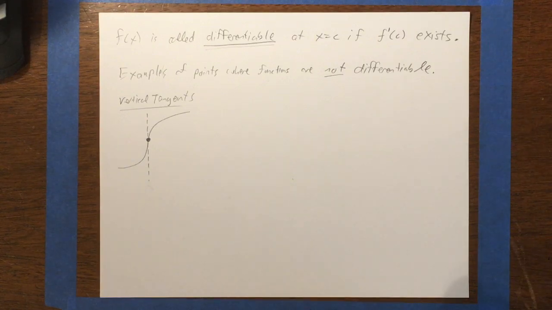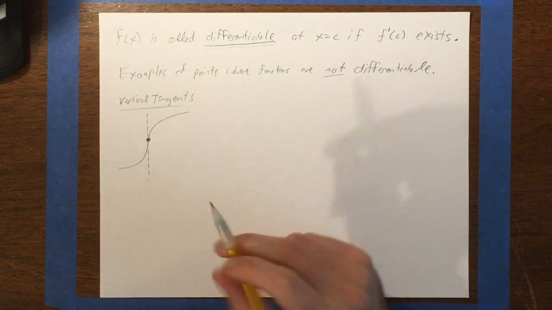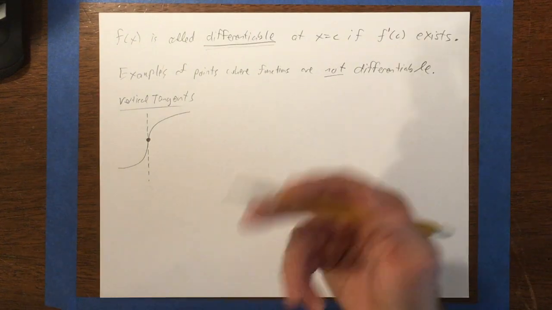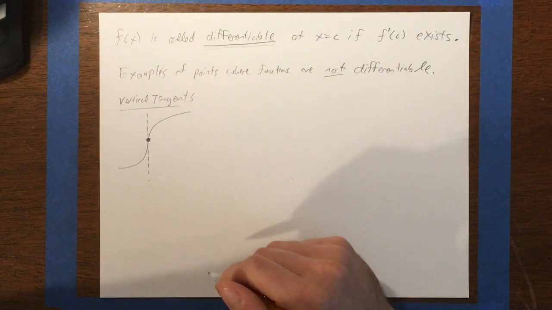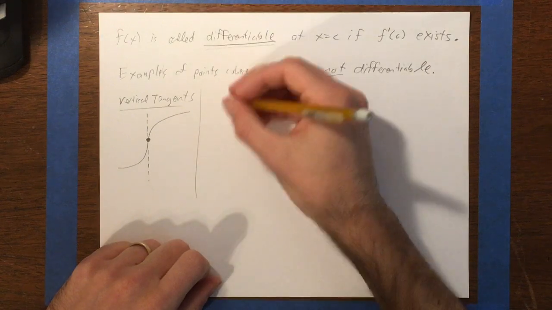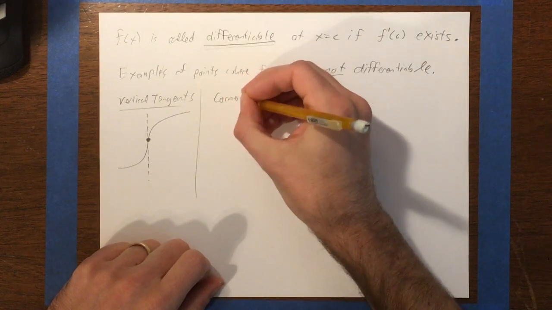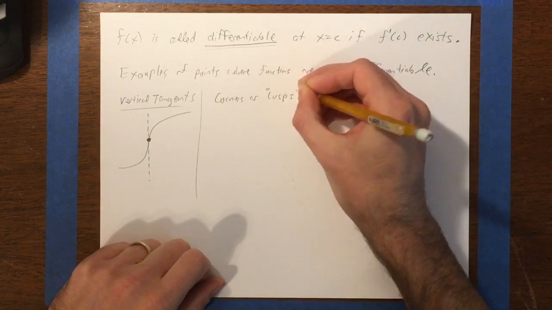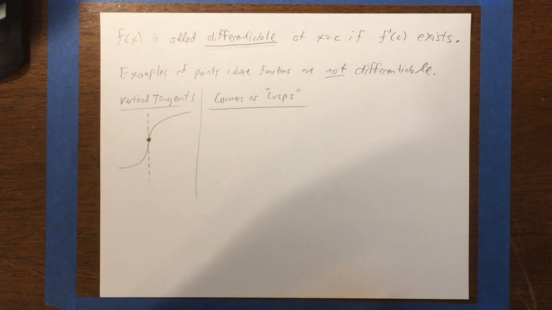So vertical tangents are examples of points where something is not differentiable, which is interesting. In this case, the tangent line does exist. It's just that the derivative is undefined because the slope is infinite.